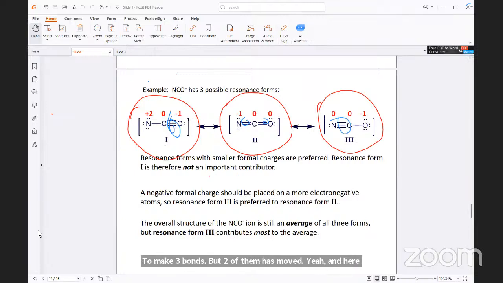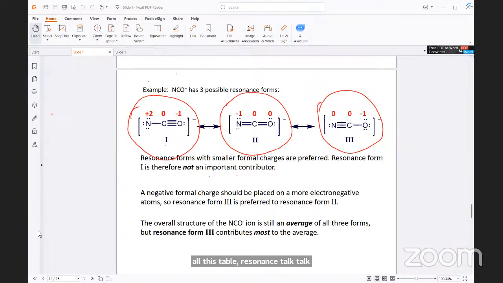So you have two pi electrons resonating between the three. Now, if you look at it critically, we want to select which of these three is the acceptable, or stable, resonance structure.